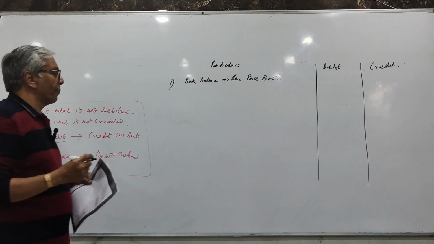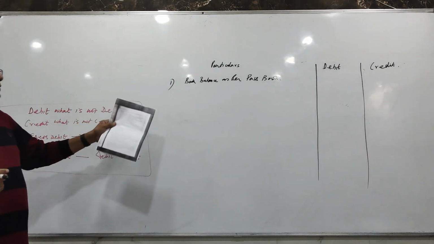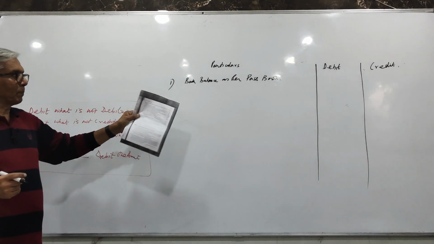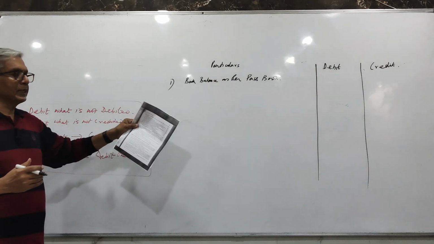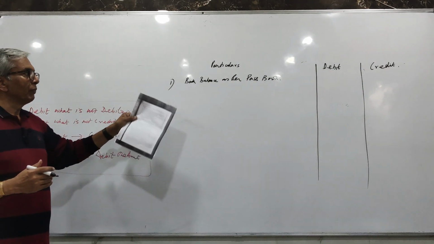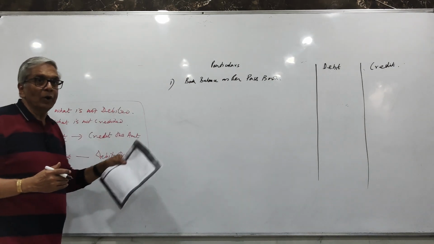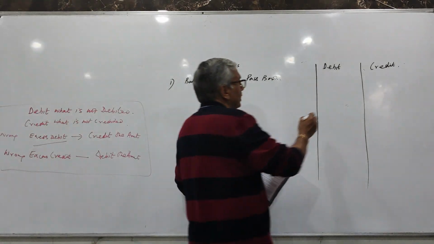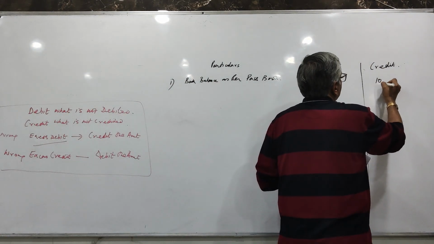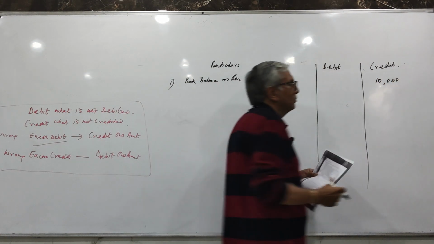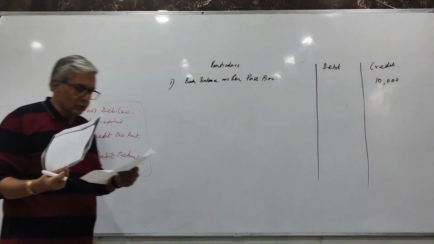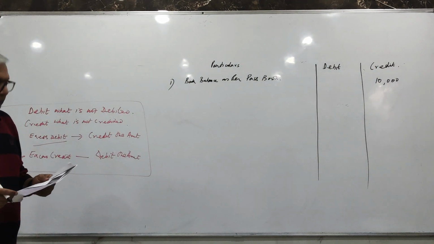Now, as I told you, if nothing is mentioned about the bank balance as per passbook, it means it is favorable. That means the bank owes this money to us, so there will be a credit balance of 10,000 rupees. We will write on the credit side 10,000 rupees. Is that clear to all of you?